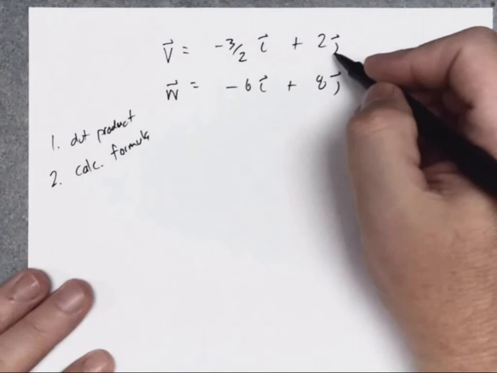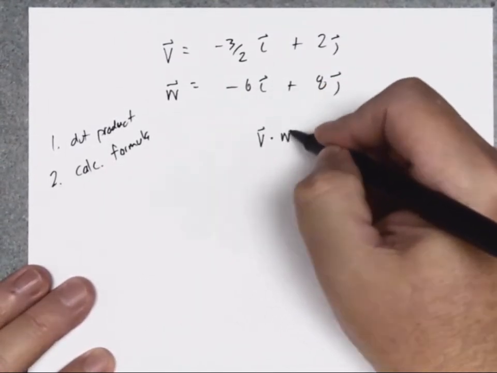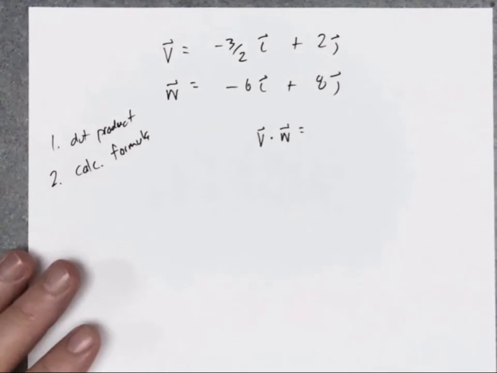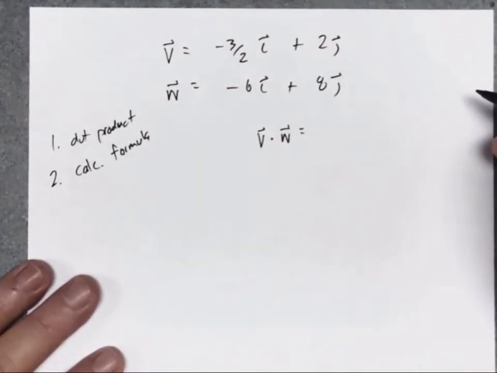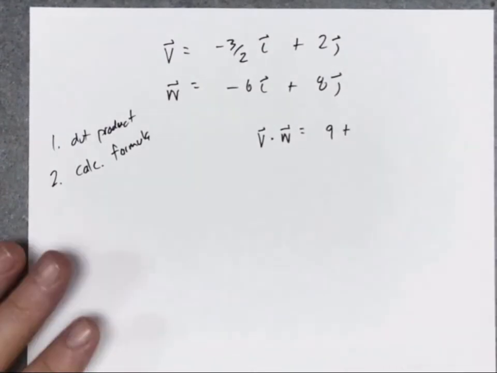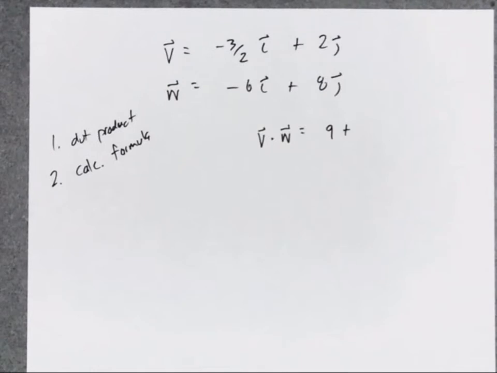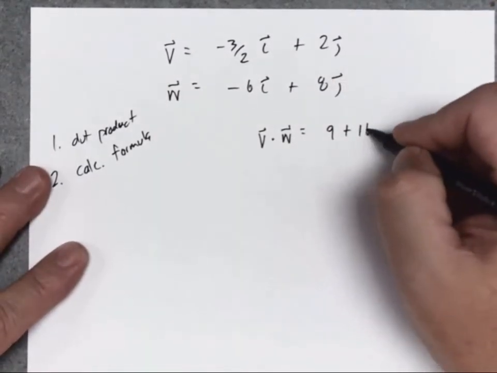So let's do this first. Let's see what the dot product is between V and W. So -3/2 times -6, I think is 9. Two times 8 is 16.